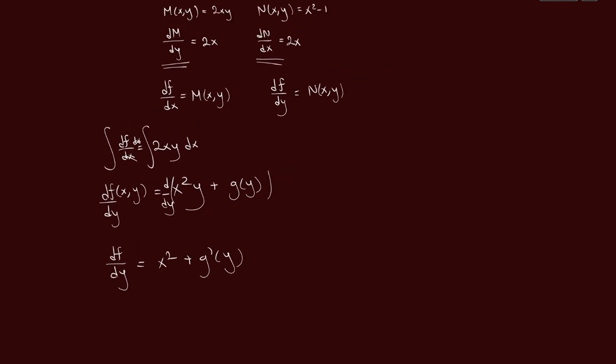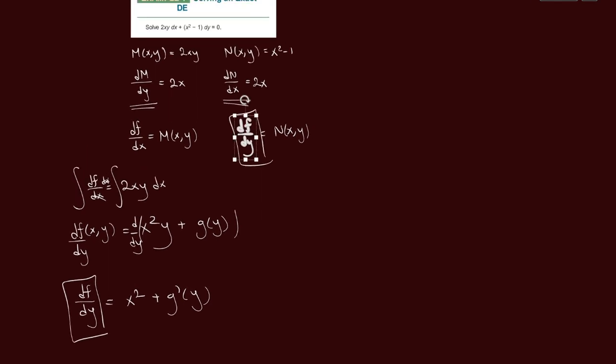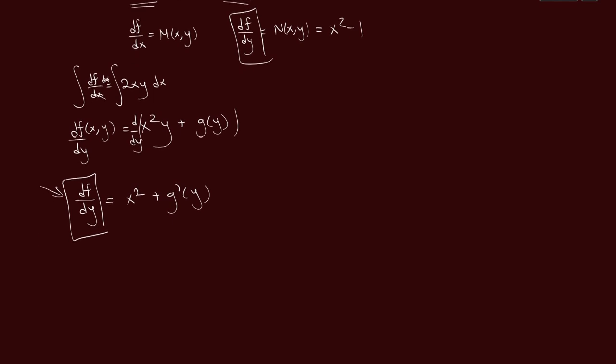Now notice how this and this are both equal to each other, and so that means we can plug in N of x, y here, and recall N of x, y is x squared minus 1. Now we can bring this to the other side, so this and this cancel out. So g prime of y is just equal to minus 1.